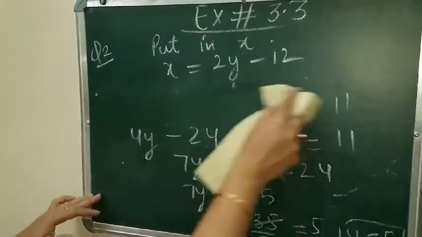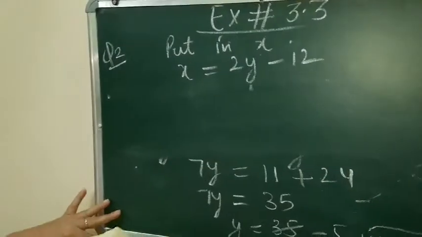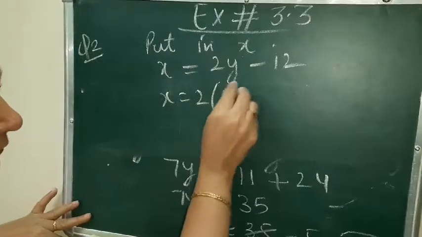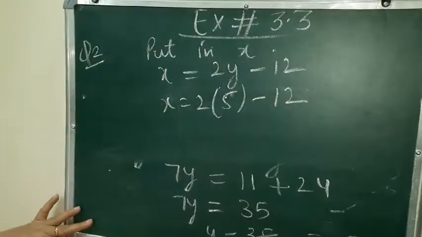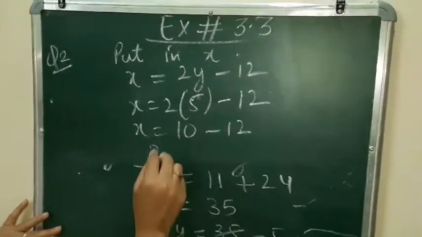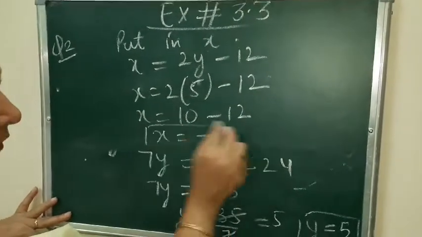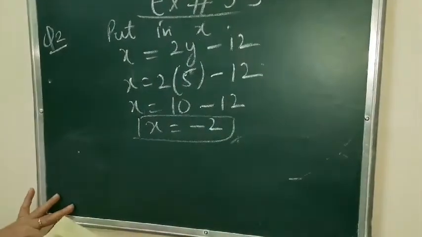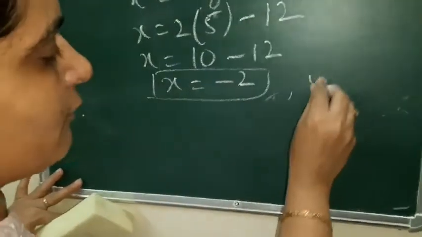So we'll just put the value of y here. x is equal to 2 into 5 minus 12. So 2 5s are 10 minus 12. x is minus 2. So we have got the value of both x and y. x is minus 2 and y is 5.